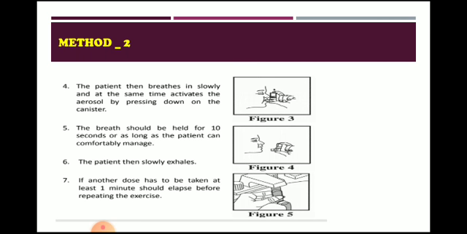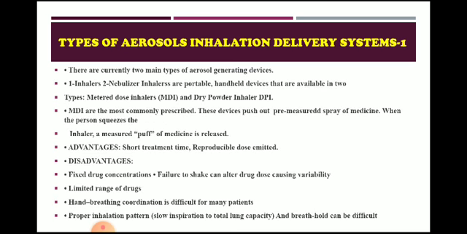If another dose is to be taken, at least 1 minute should elapse before repeating. Means if we need another dose, there must be a gap between the primary and secondary dose.